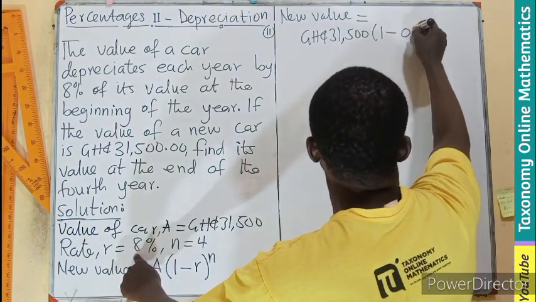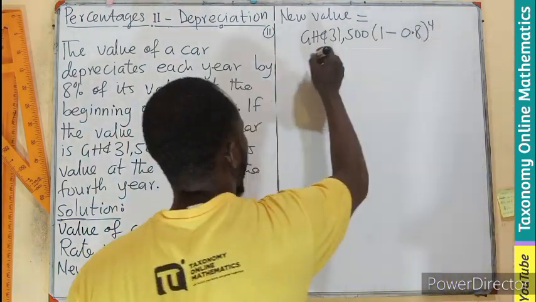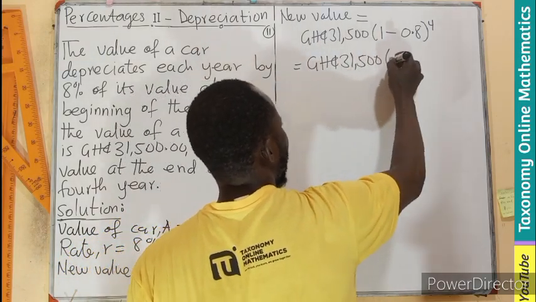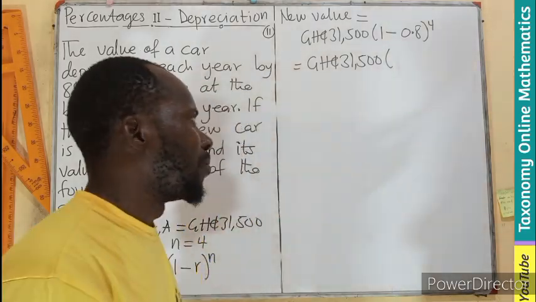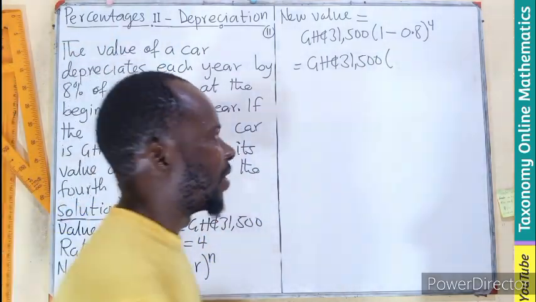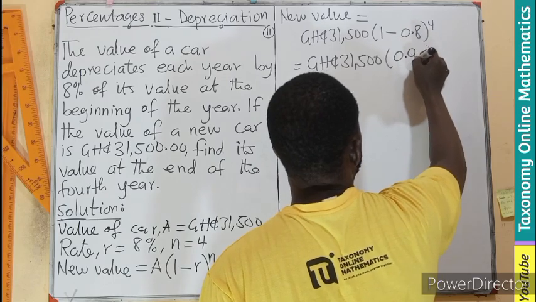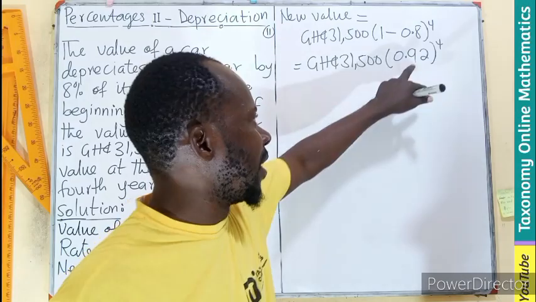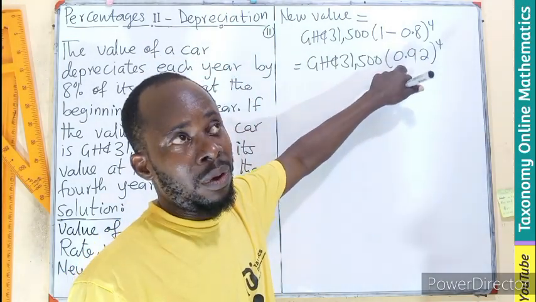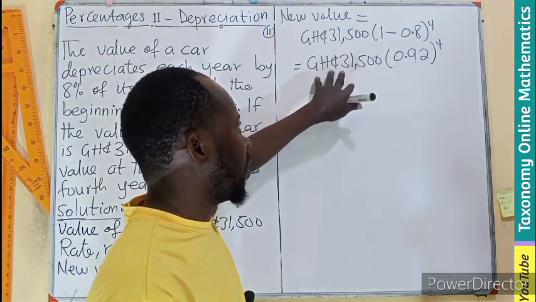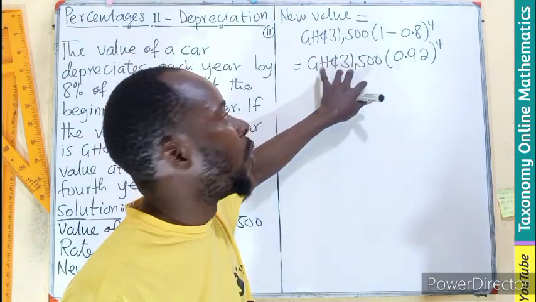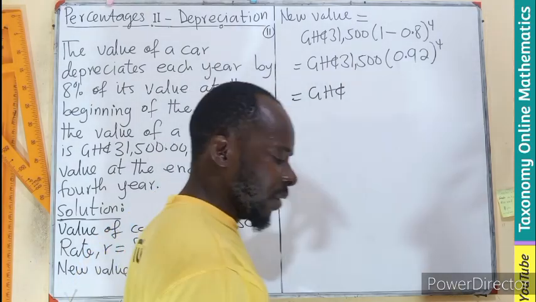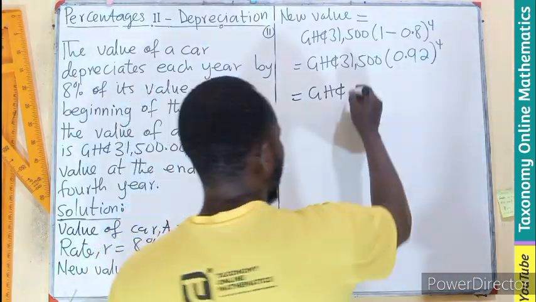So it will be 0.92 raised to the power of 4. We can decide to find this in terms of decimal, then multiply by the 31,500, or put all these in your calculator and see the value that you will get.